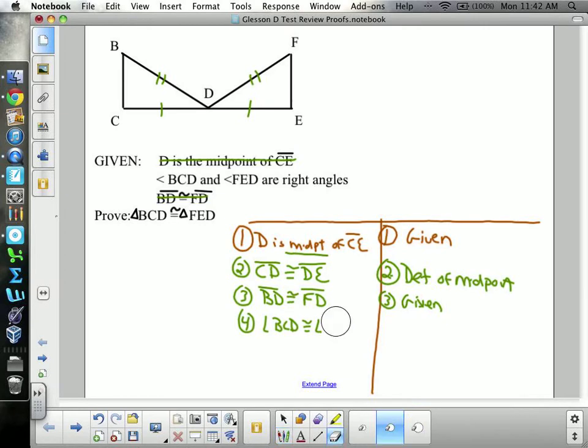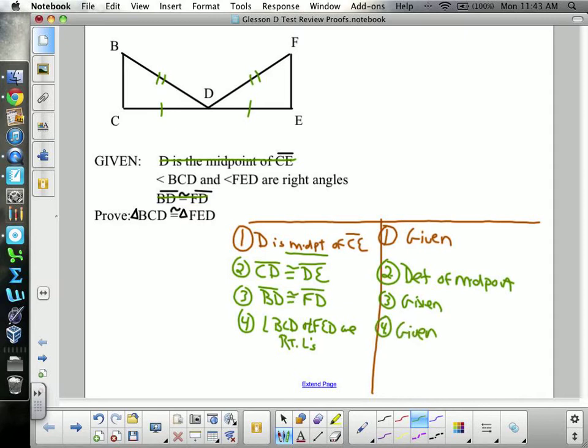I'm sorry, angle BCD and angle FED are right angles, excuse me. Which means that these are right angles. Now, it didn't say yet that they're congruent. Here's the thing.